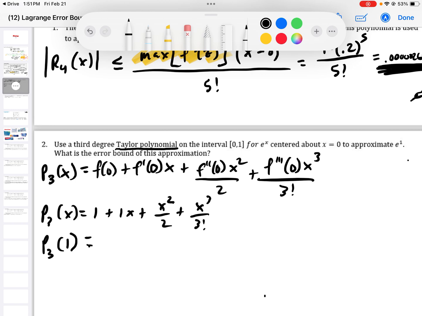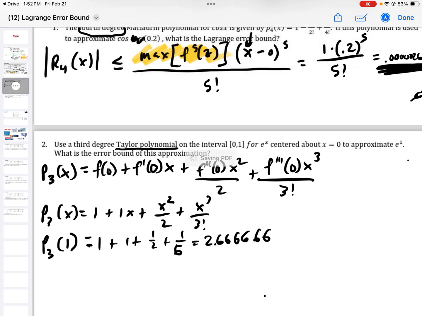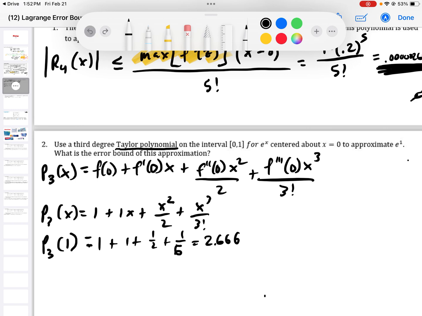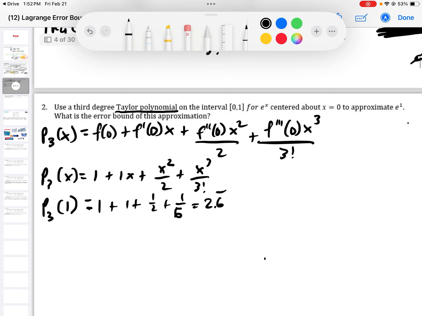So the third degree Taylor polynomial evaluated at 1 is going to approximate e with 1 plus 1 plus 1 half plus 1 over 6, which is 2.666666 repeating. I'm going to just say it's 2.6 repeating. That's our approximation using a third degree Taylor polynomial, or Maclaurin polynomial, since it's around 0.